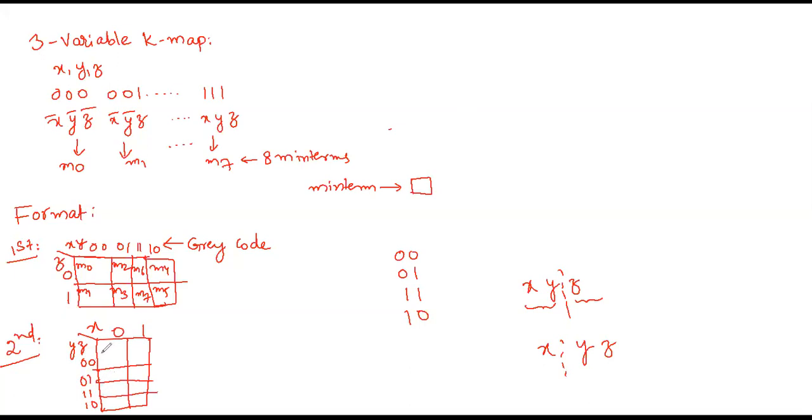This is M0, M1, M3, M2, M4, M5, M7, M6. You can use any format to simplify the given Boolean function.